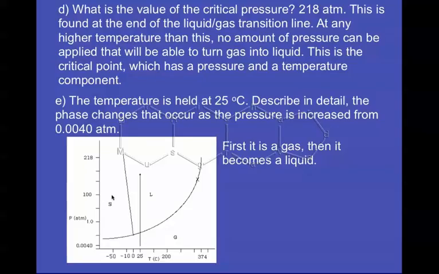Well, if we started at minus 50 and we held the pressure at 100 atmospheres, you can see that we would start at a solid, and then we'd go through to a liquid, and then we would go through to a gas. So you would just follow the line along, and if you're talking about held at, it means that would be the constant value for that particular quantity.